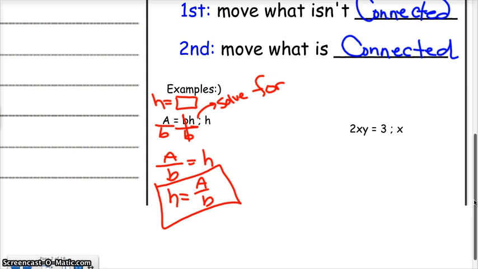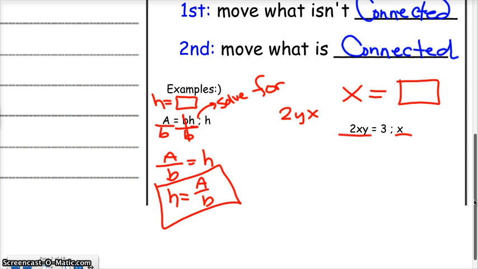Okay, 2xy equals 3. Solve for x. My end result, I want it to be x is equal to something. So what's sticking to the x right now? The 2y. The commutative property of multiplication tells me I could rewrite this as 2yx, just so you know, because some kids ask why I did that. They're being multiplied together. To move multiply, I divide.